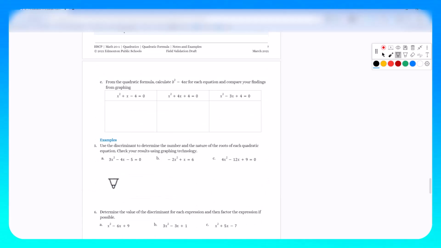So let's look at those three equations that we looked at before and see how many roots the discriminant, b squared minus 4ac, tells us.